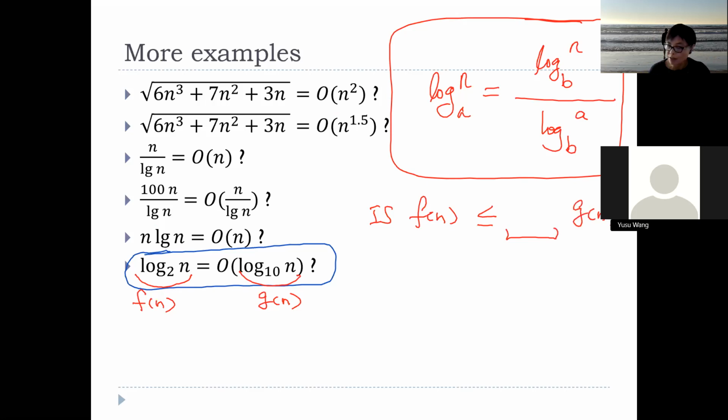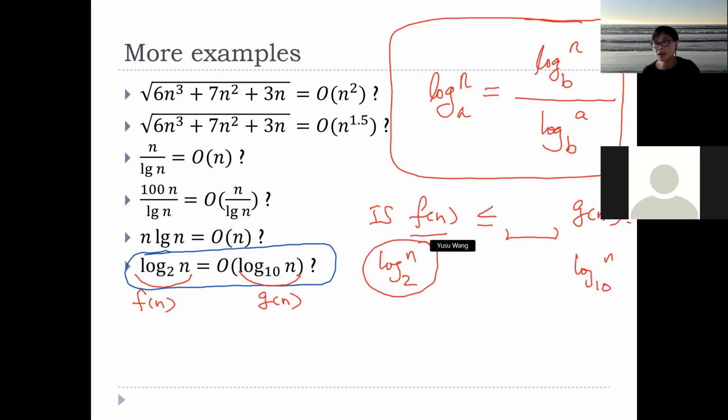I want to find whether there exists a constant to make this true or not. Right now, f of n is log n base 2, while g of n is log n base 10. For me to be able to relate them, it would be nice if I can change the base of f of n to also base 10, so that they become more comparable.